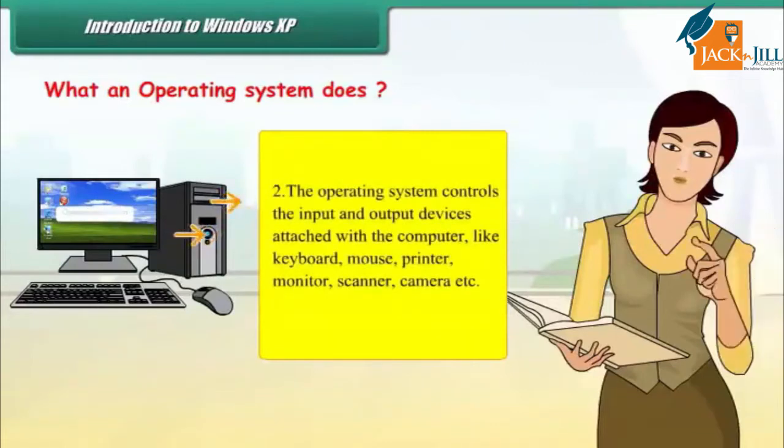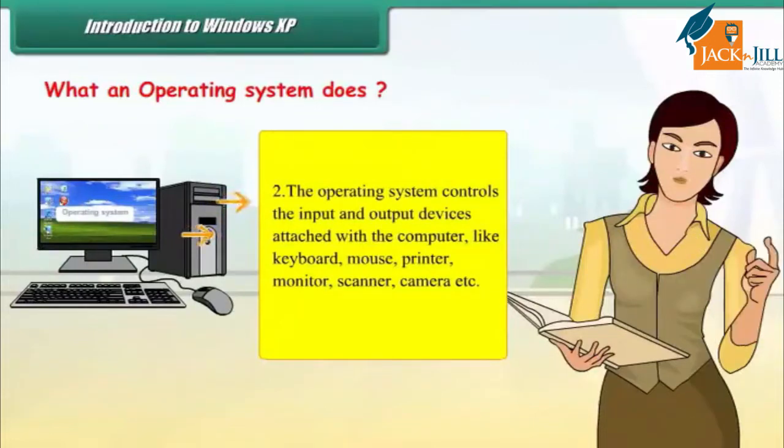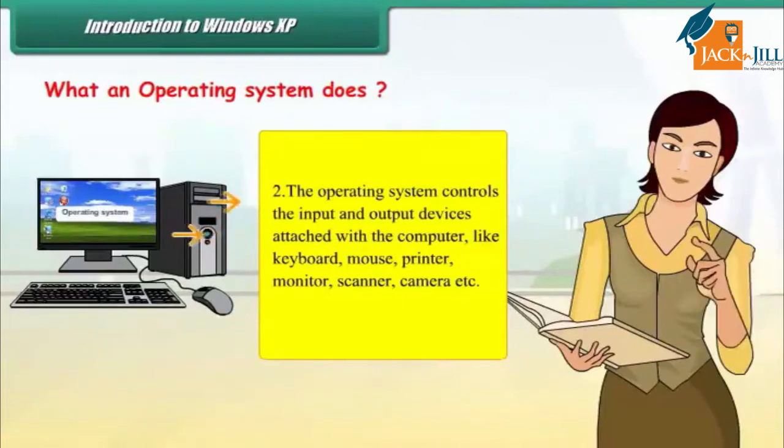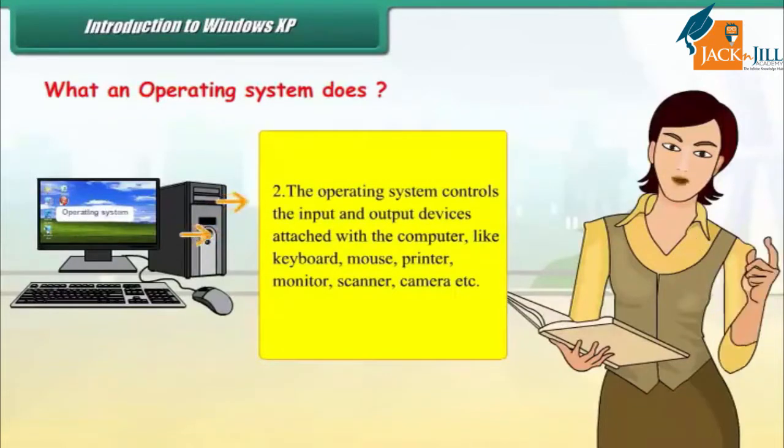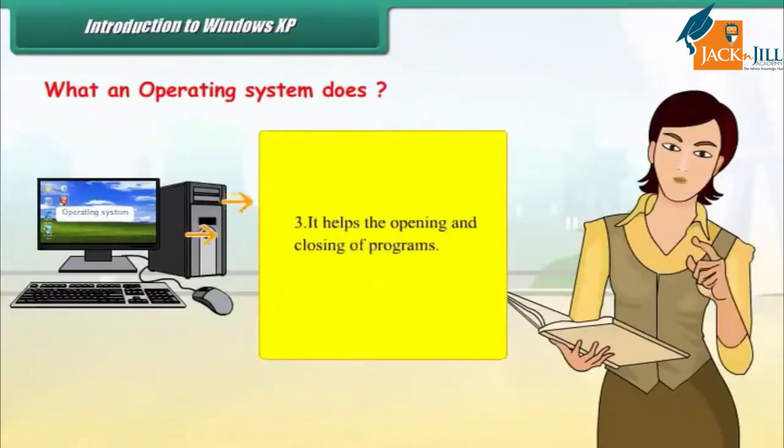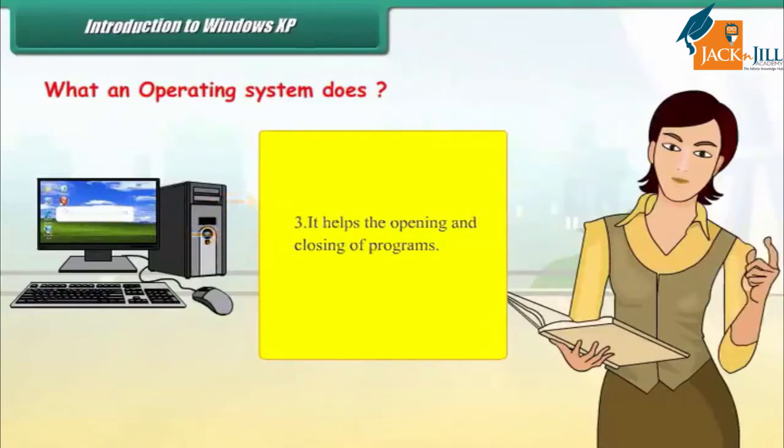The operating system controls the input and output devices attached to the computer, like keyboard, mouse, printer, monitor, scanner, camera, etc. It helps in the opening and closing of programs.